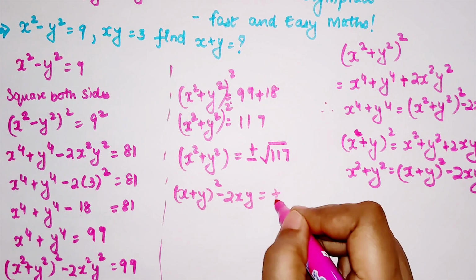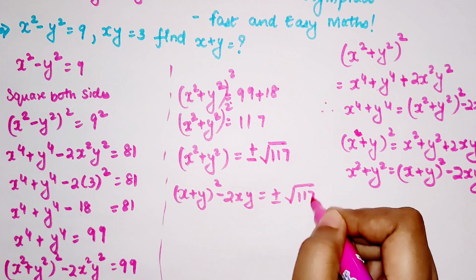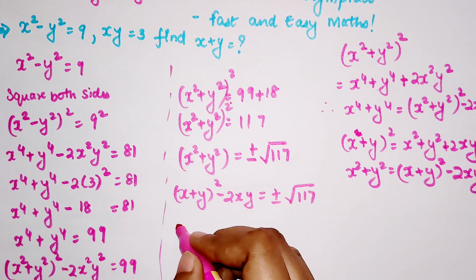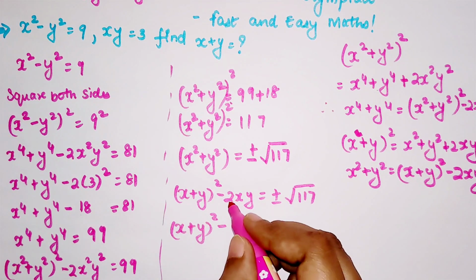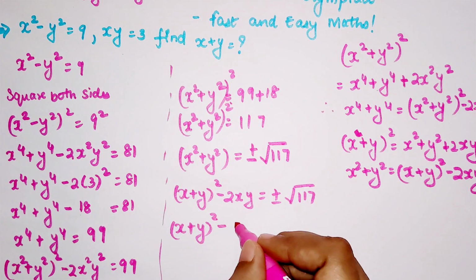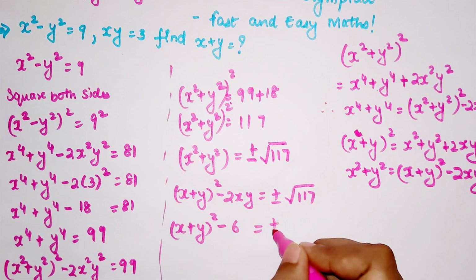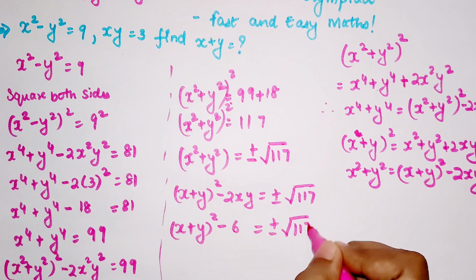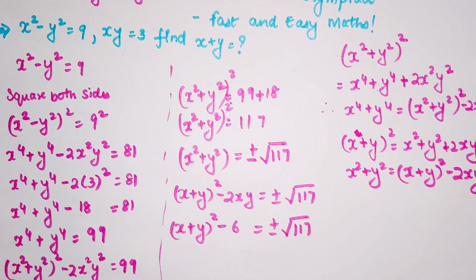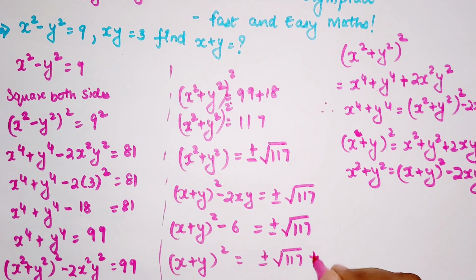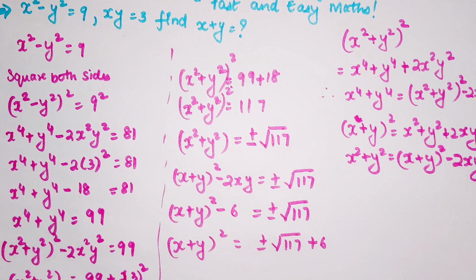Is equal to plus minus root of 117, correct? So this can be written as x plus y the whole square minus 2 into xy, which is 3, so that gets you 6, is equal to plus minus root of 117. I hope you all are with me till here. So now I can say x plus y the whole square is equal to plus minus root of 117 plus 6, correct?